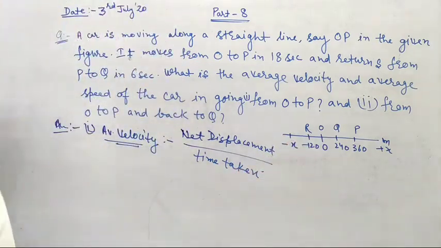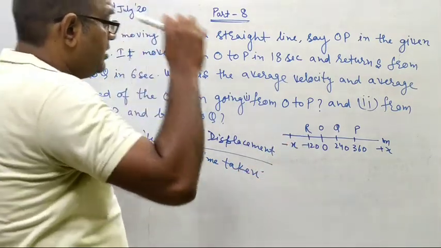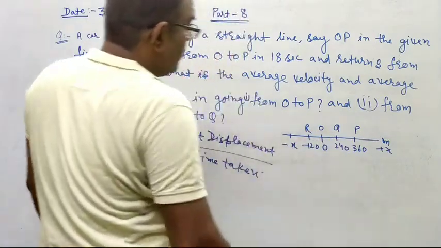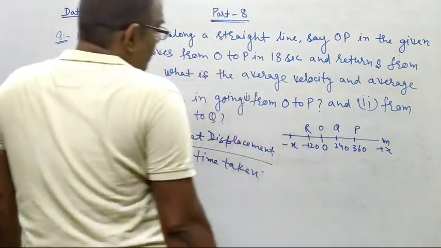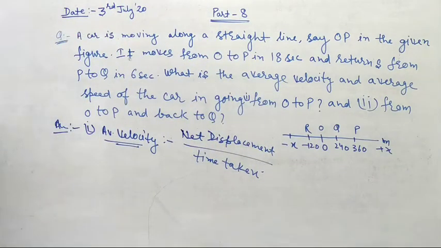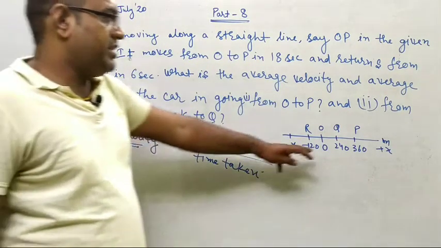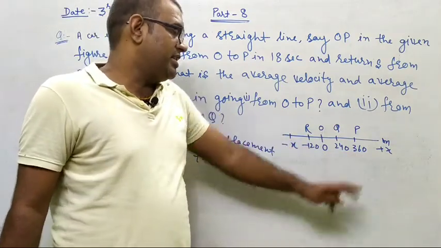What is the displacement? 360 is the final position, and origin is the initial position.